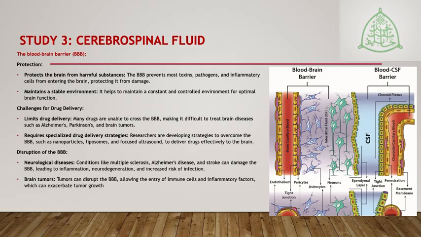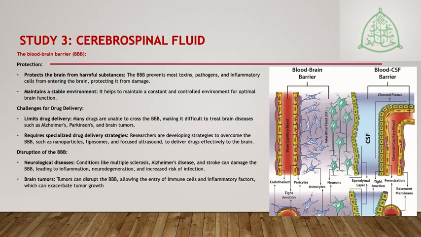So the gap junctions, this barrier, are important because they serve as protection. But it is also challenging because it doesn't allow drugs to pass through, and that is why a lot of neurological degenerative diseases are difficult to treat.